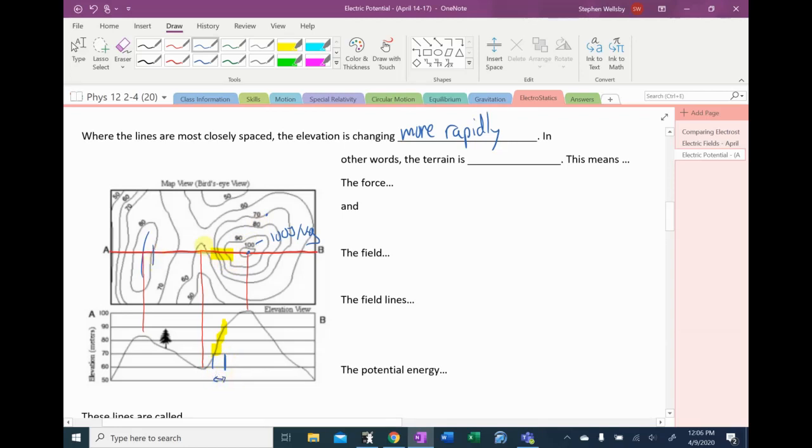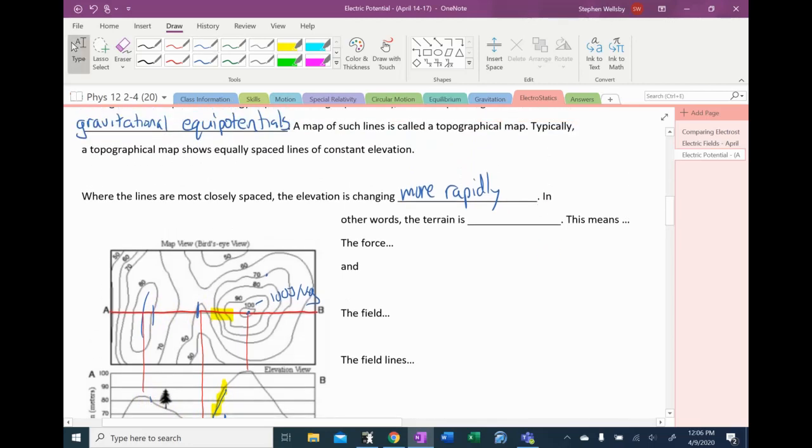Whereas here the lines are quite far apart, which means you've dropped 20 meters, but over a very long horizontal distance. So this is going to be less steep, and this would be more steep here. So when the elevation is changing more rapidly, essentially we're saying it's steeper terrain. So the terrain is steep.